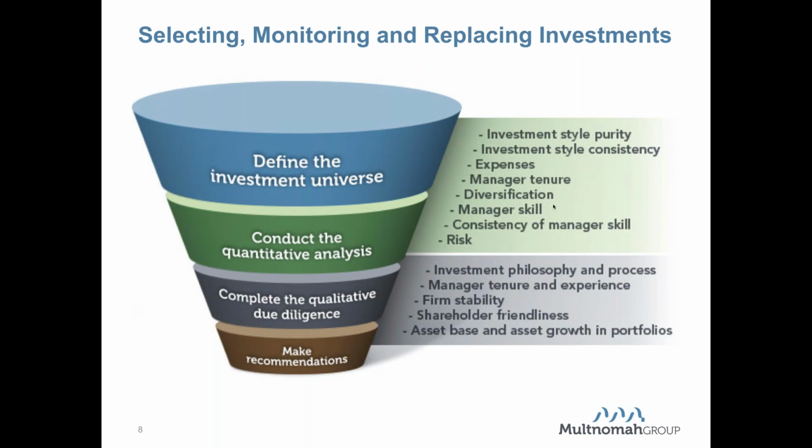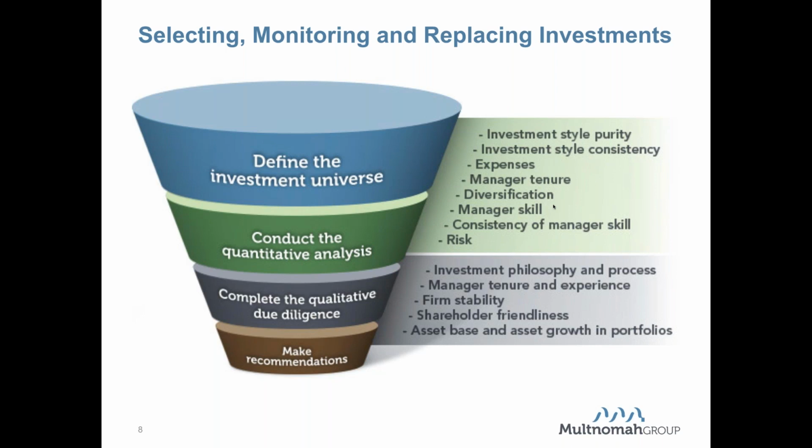Whatever happened yesterday has happened. Changing a fund because it has underperformed yesterday does not have any impact, obviously, on how it will perform tomorrow. But looking at these qualitative factors like investment process and philosophy, firm stability, shareholder friendliness, compensation practices, asset-based growth and distribution for mutual funds has a significant impact on performance.